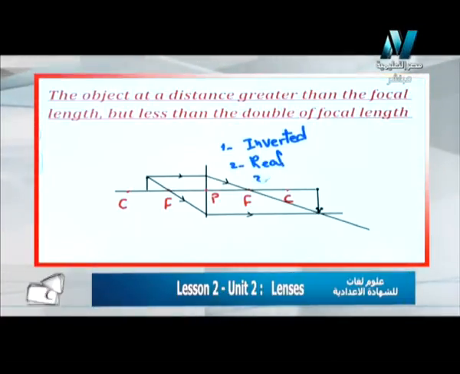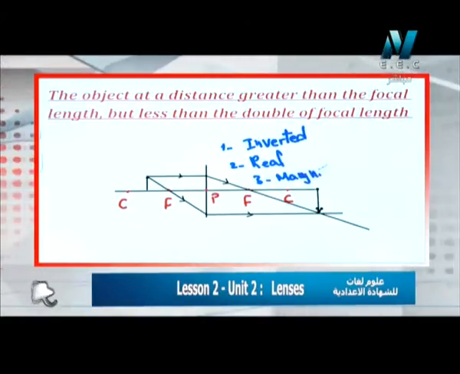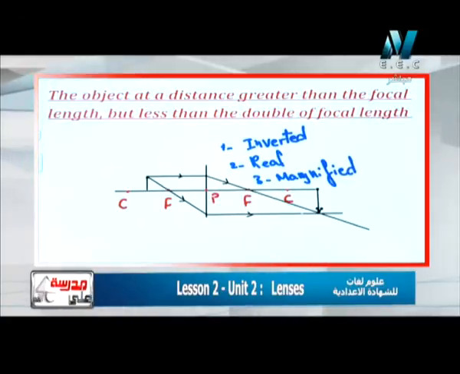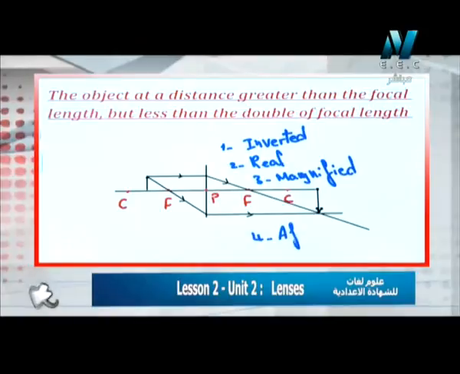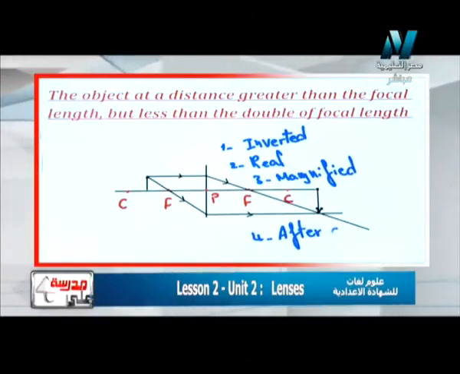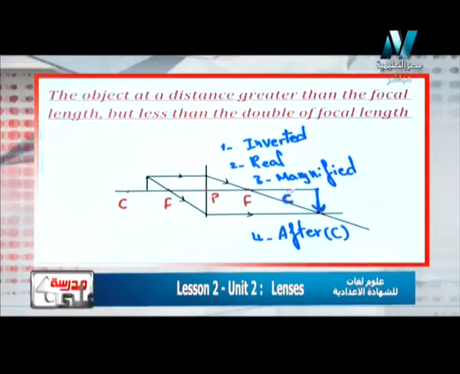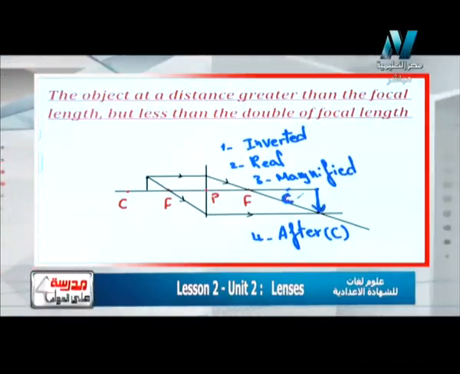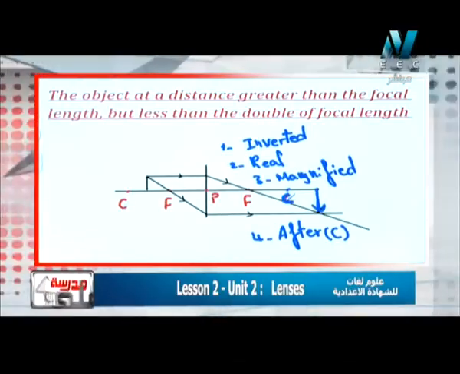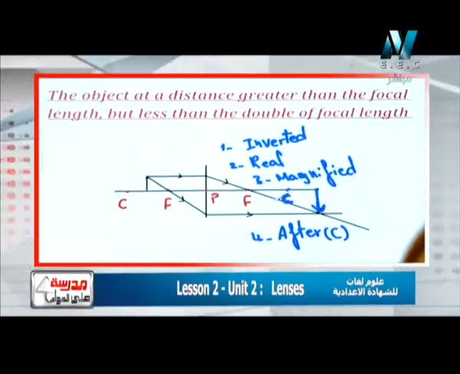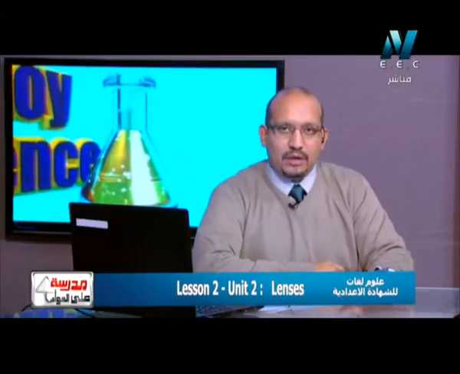Number three, magnified or enlarged. And number four, after center of curvature. As we see, the object is here and center of curvature is here, so the image is at a distance more than double focal length, after center of curvature.